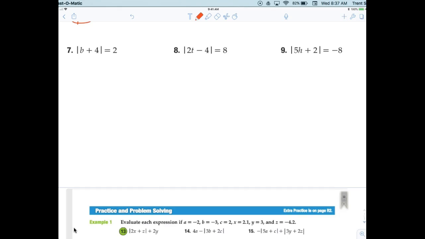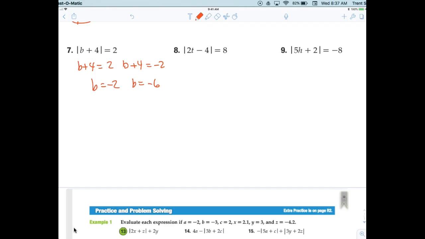So b plus 4 equals, and the other one is b plus 4 equals, that's exactly correct. Mental math: b equals negative 2, b equals negative 6. Beautiful. Very nice. Everybody good on that?